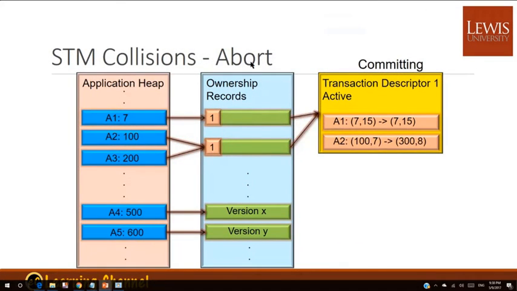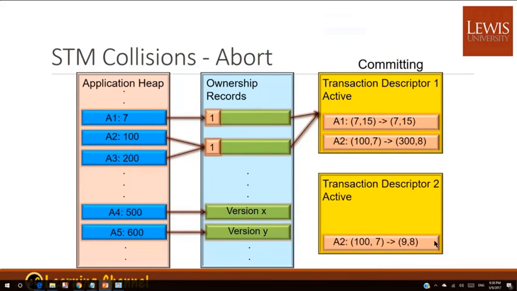And when will the abort happen? We are trying to commit the write to these 2 records. If at the same time transaction descriptor 2 also requests to make a modification, then this same version 8 won't go through. So A2's ownership record is unavailable, and the commit fails and aborts.